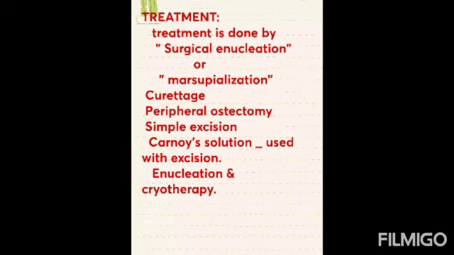Most commonly we use surgical enucleation or marsupialization, and also use Carnoy's solution along with the excision. Cryotherapy is also used with enucleation. So these are the treatment options for OKC.